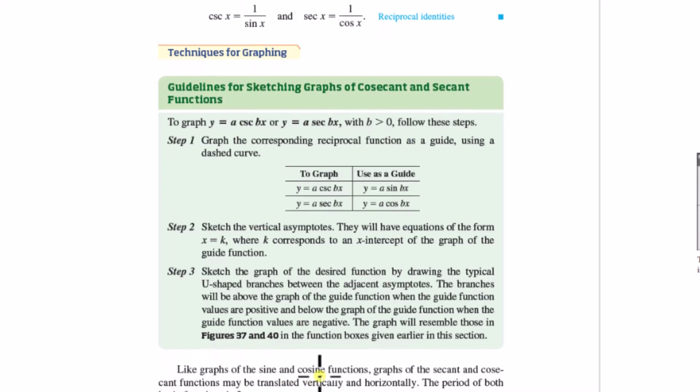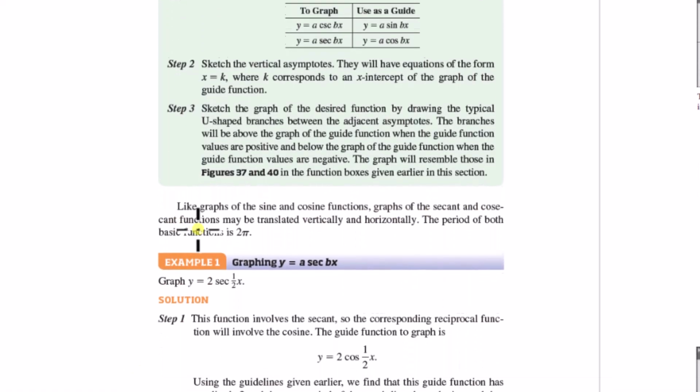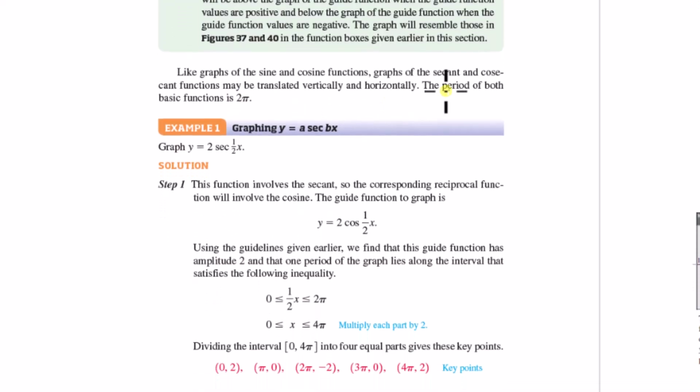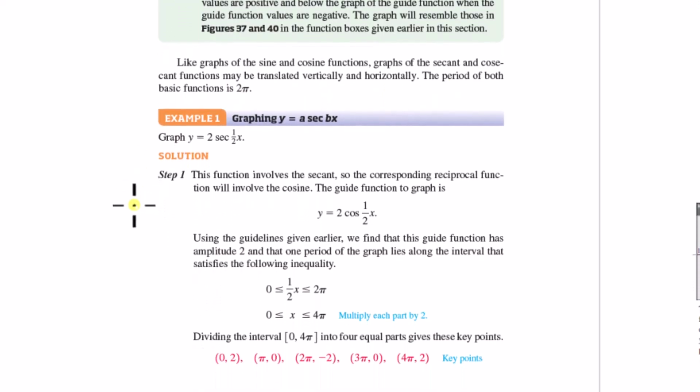Okay, like the graphs of the sine and cosine functions, graphs of secant and cosecant functions may be translated vertically and horizontally. So here, it's scaled up about the x-axis by 2, so the period is 4 pi. And this is secant, so we're thinking about going from minus pi over 2 all the way back to minus pi over 2.